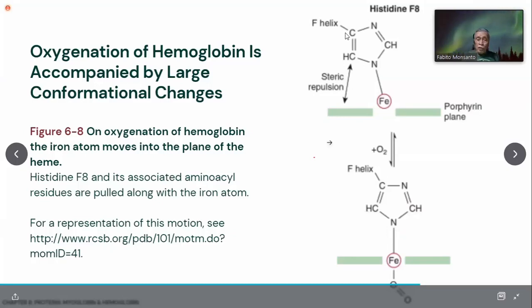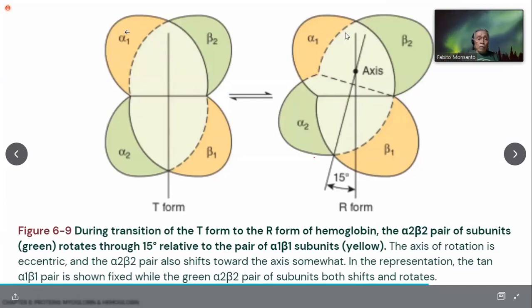So there is a movement, a very slight movement, but that slight movement is very crucial. Because once you move this, look at this. You have 2 alphas. Alpha 1, alpha 2. Beta 2, beta 1. Okay? That movement creates, okay? This will move this way. That will move that way. This one will move this way. And there will be a 15-degree displacement.